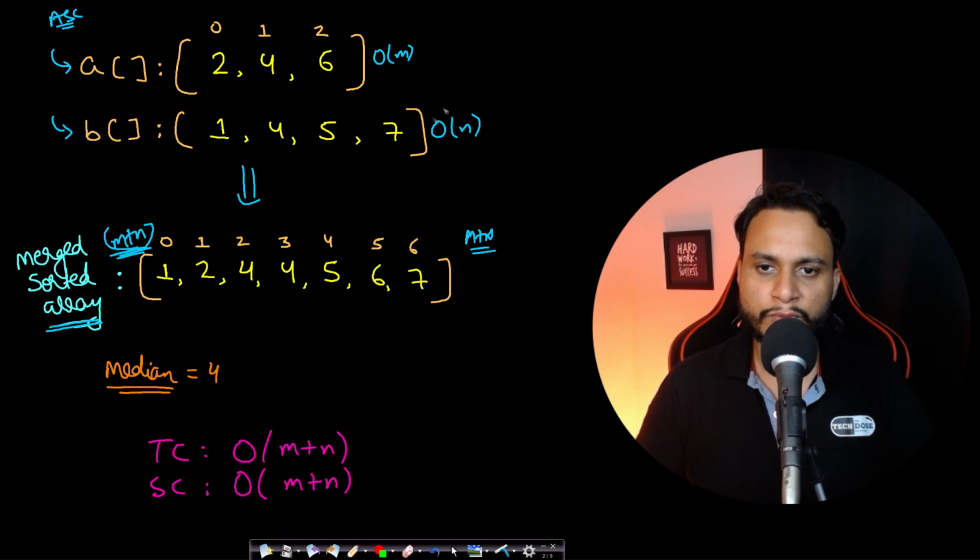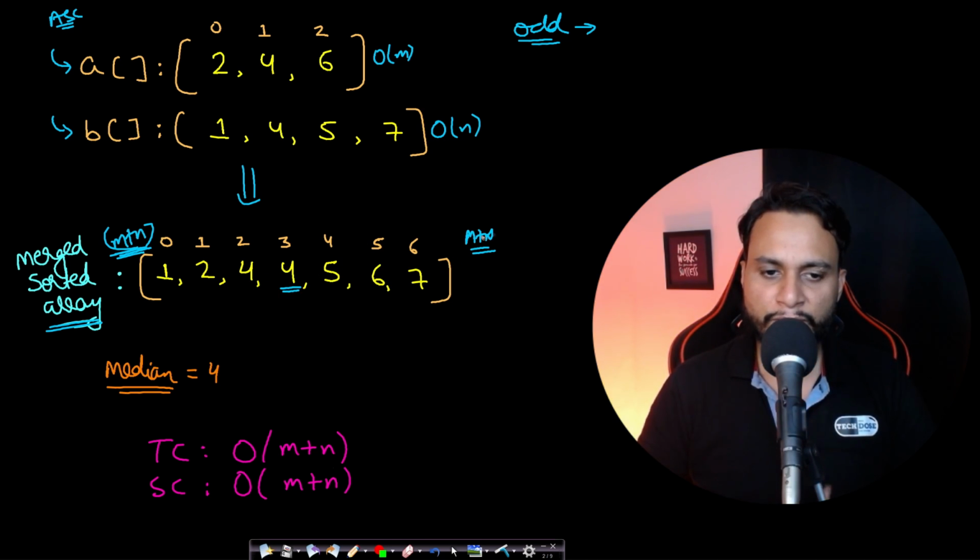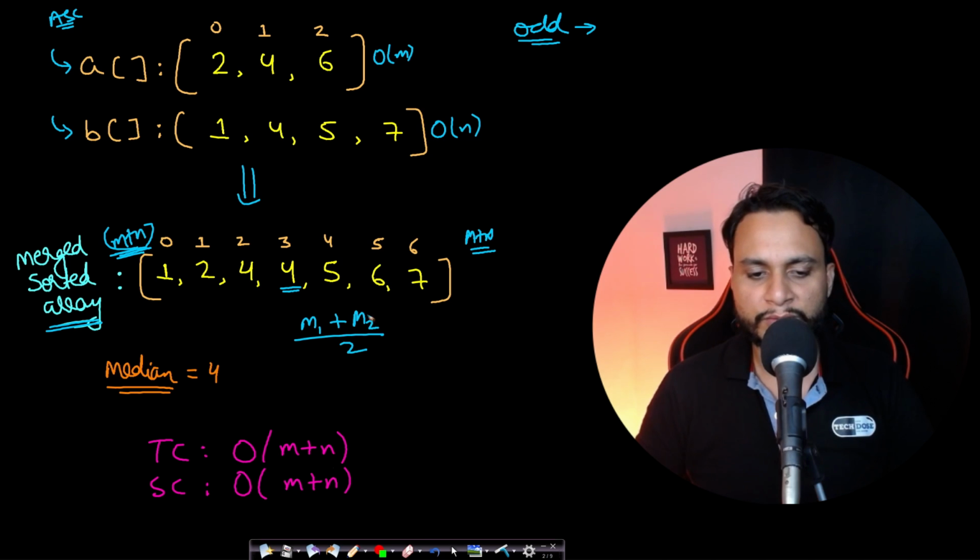Now there will be two cases. For an odd number of elements you will just have one middle element, as in this case you have just 4. But if it had a total of an even number of elements, then you will have two median elements, m1 and m2, and you have to take the average of them to find out the median.